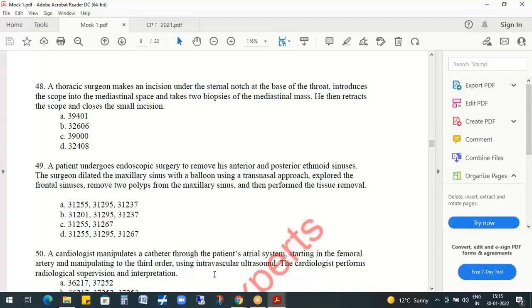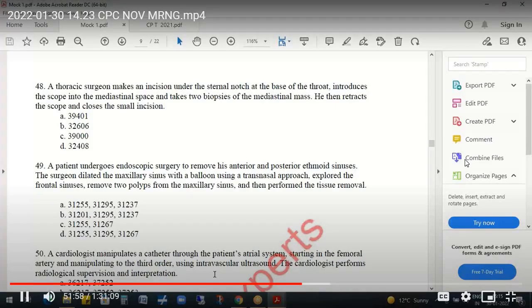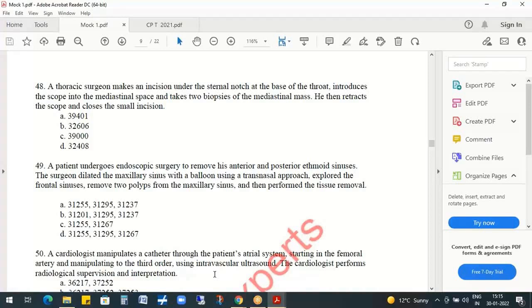It's bundled. Read the question properly here and you can see the parenthetical notes here. You will get the correct answer, Anupama. Which one? Where? Read the parenthetical notes properly and the question properly. 31255. Answer is C, I think, sir. Okay.